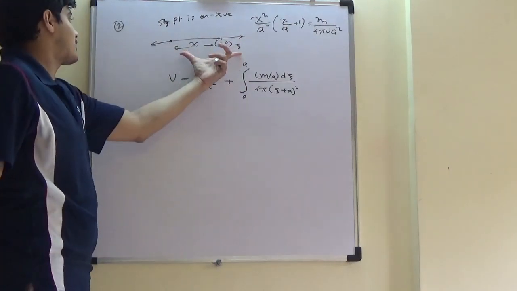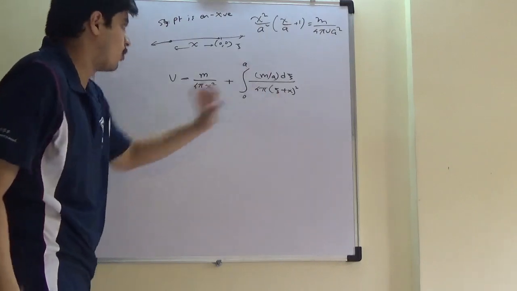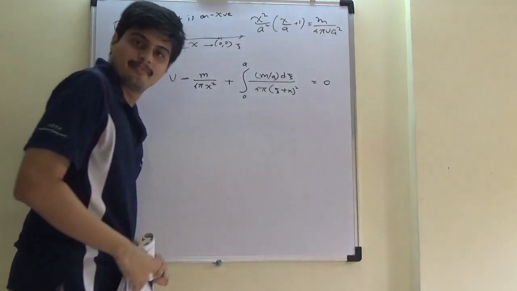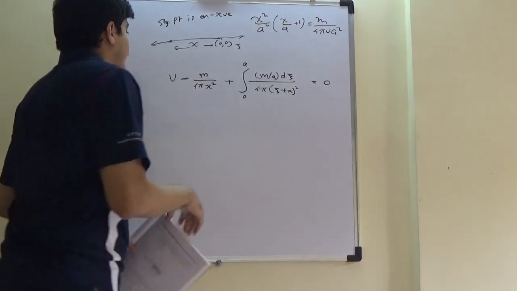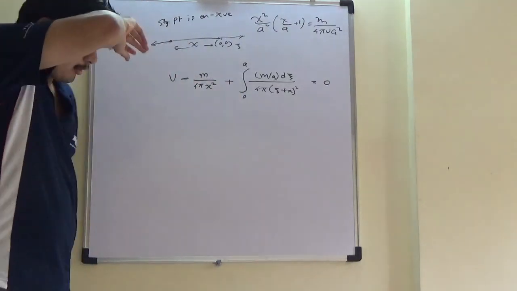So the total distance of this point from that infinitesimal sink is this. This is the only catch. This is the most important equation. This is the crux, heart of the problem. This is what you have to crack from a physics point of view.